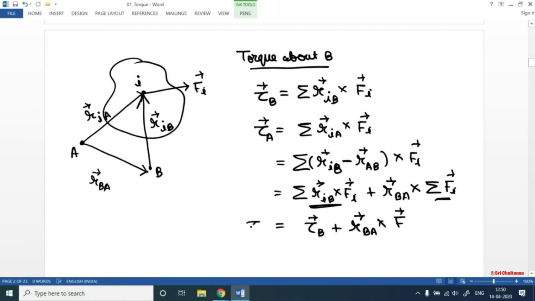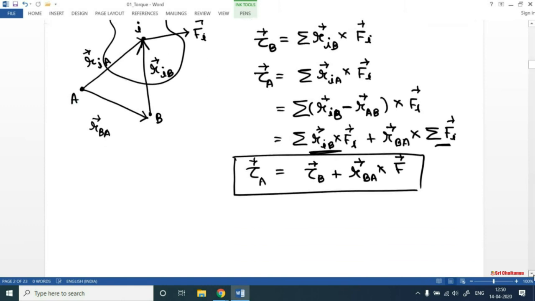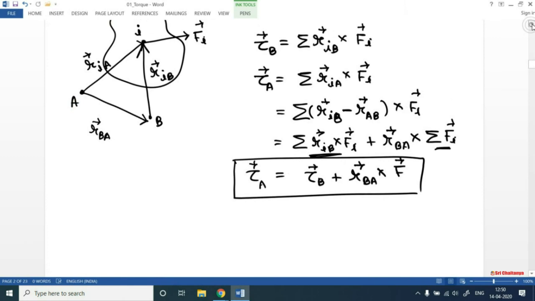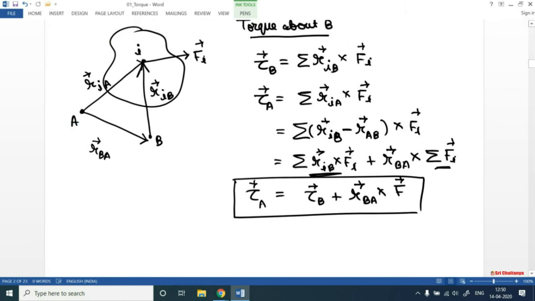So tau A is equal to tau B plus RBA cross F. So this is the relation. If we know the torque about point B, we will be able to find out the torque about any other point A using this relationship over here.